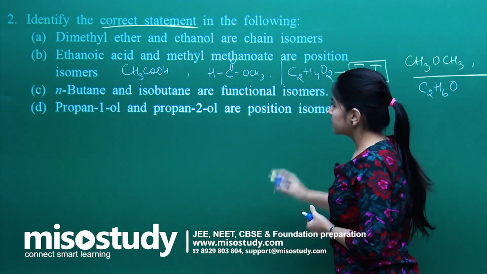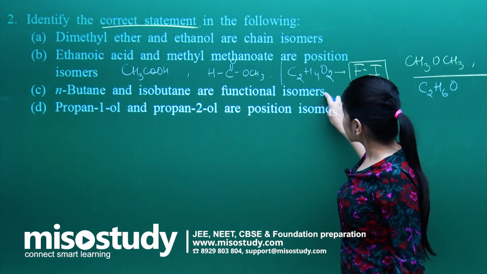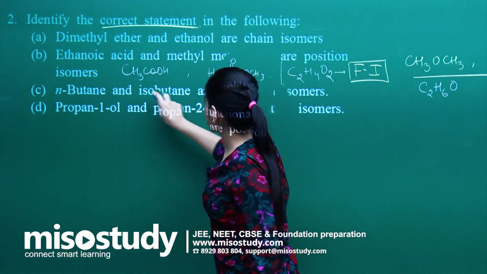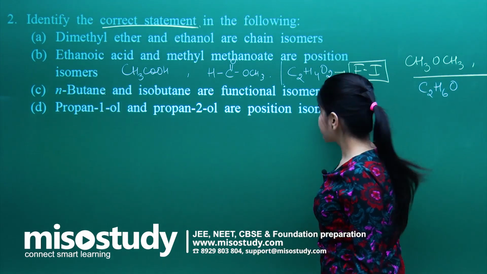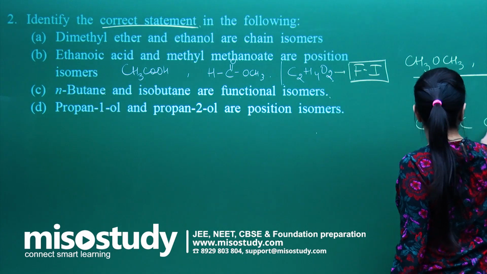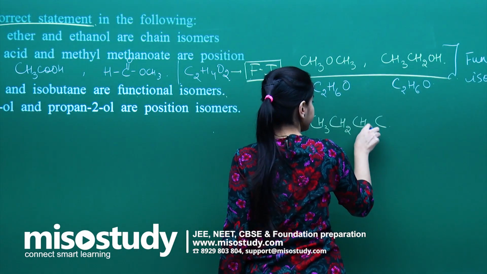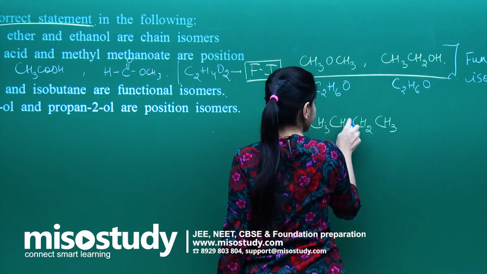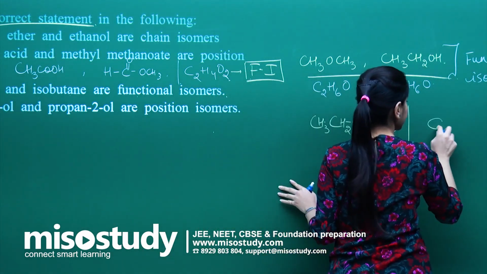Again this is functional. Now if I look at n-butane and isobutane, they are saying n-butane and isobutane are functional isomers. So let us just see. I've got n-butane, that is this. And isobutane.